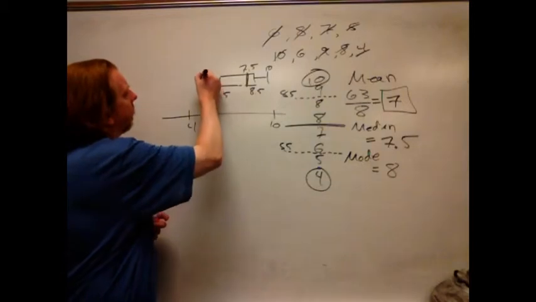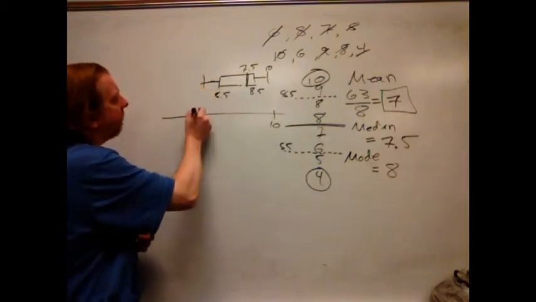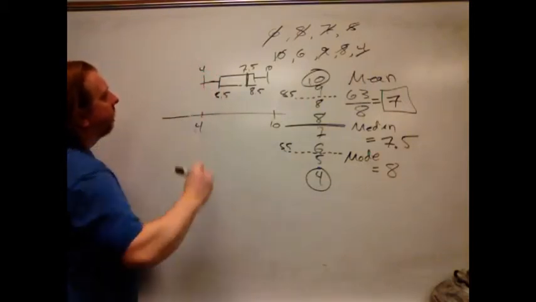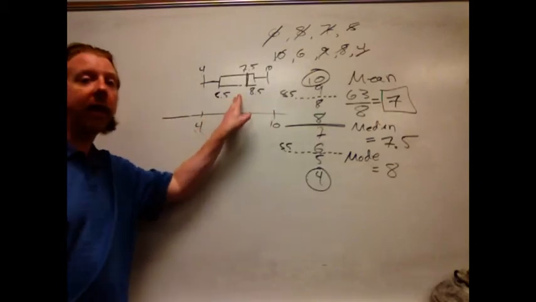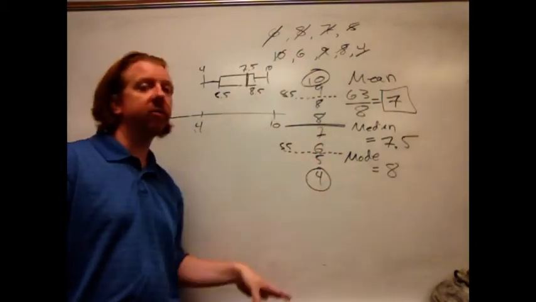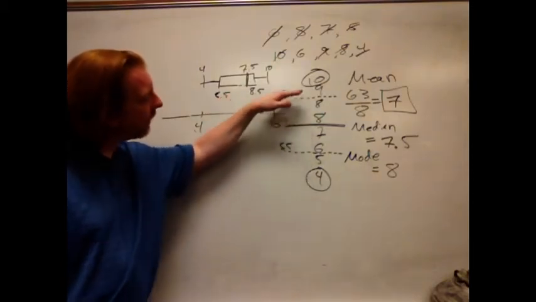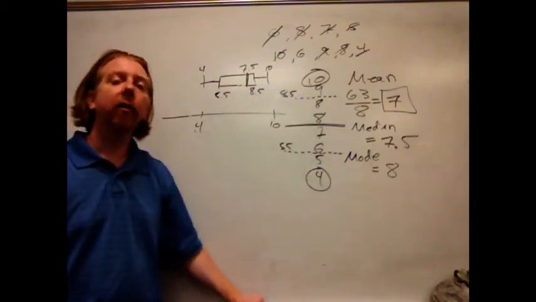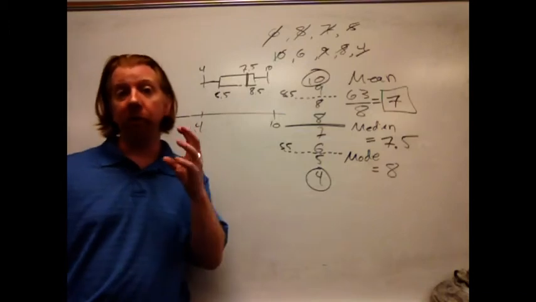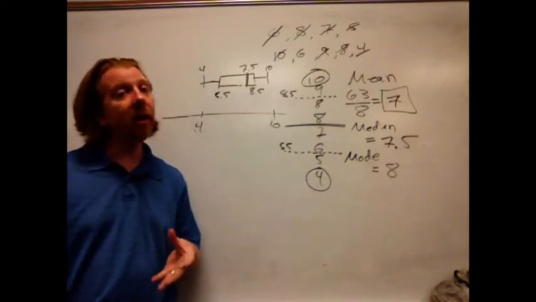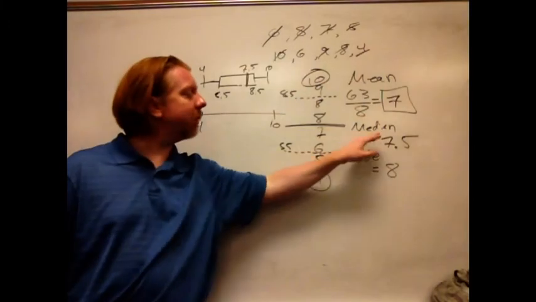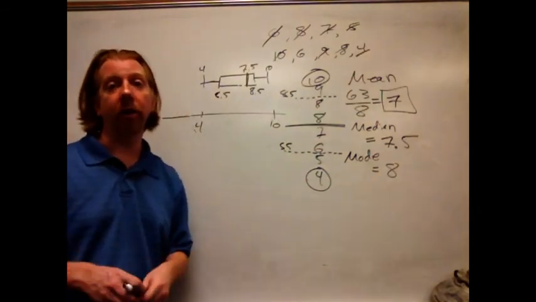Let's tighten that up a little bit. Oop. Let's move that 4 up. And there would be the box and whisker plot to go with this collection of data. The inner quartile here shows me this spread of that middle chunk. That's a measure of center, just as valid visually as the mean, median, and mode are as raw data points.